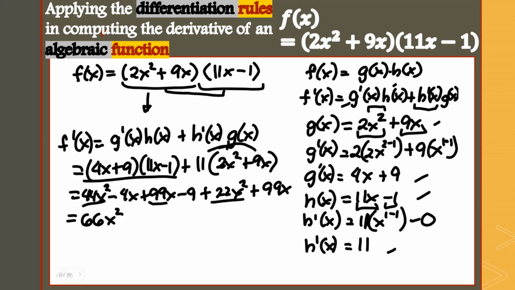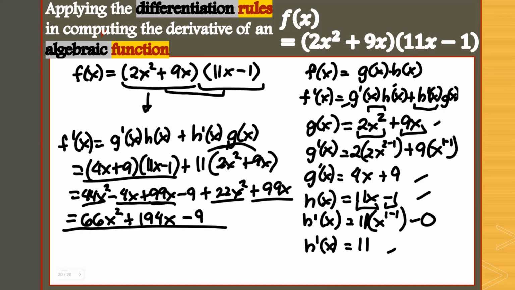You'll have here this one and that, so you will have minus 4 plus 99. You could add them up, 99 plus 99 is 198, minus 4. Okay, we will have 194x minus 9. This is our derivative for this given function.